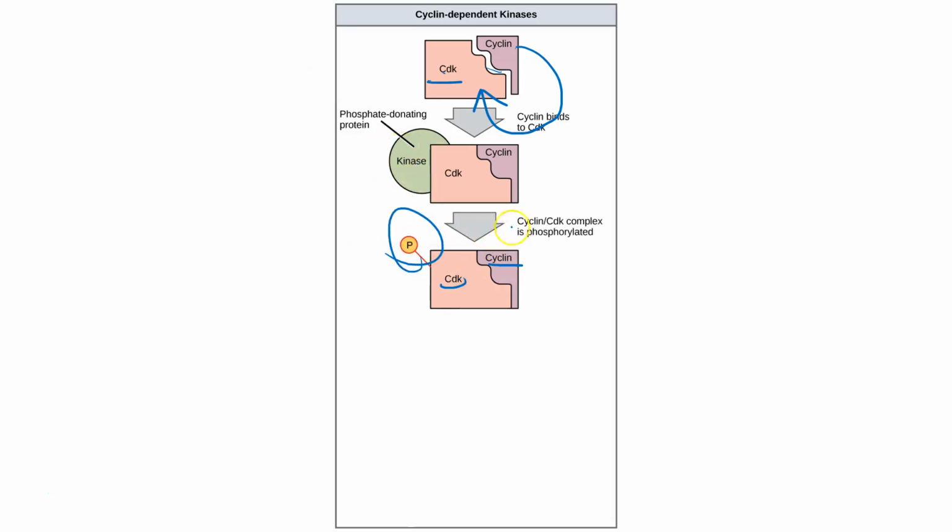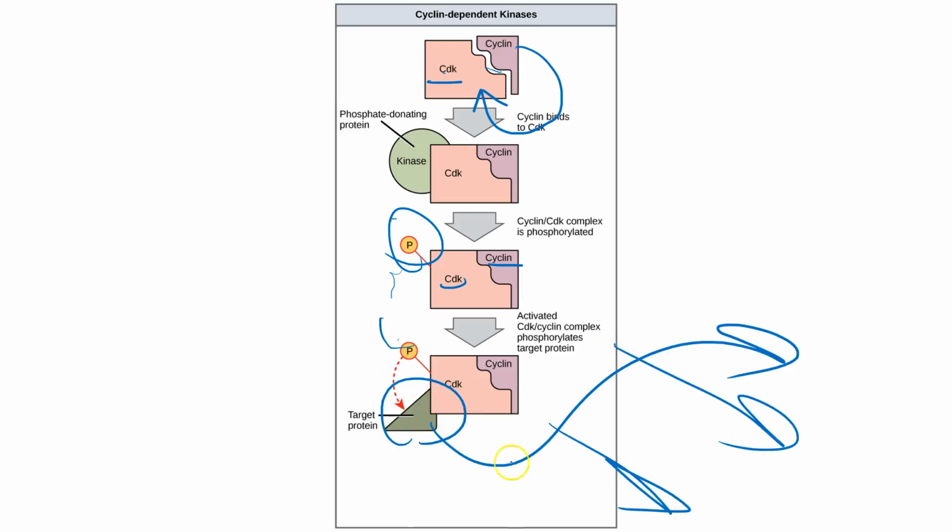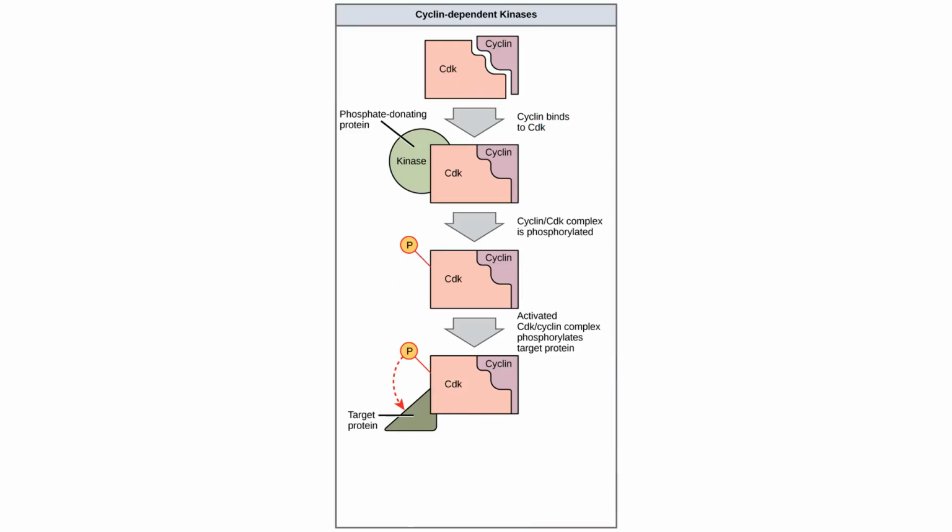Well, then this phosphorylated CDK-cyclin complex is now going to transfer its phosphate onto some other target protein, which is then going to do a bunch of stuff like tell the cell to turn on and proceed to the next phase, whether it be the S phase or the G2 phase or whatnot. So that's a little bit about how that works. Again, you don't really have to know all of the specifics here, but just know that CDKs are molecules that associate with cyclin to help turn on the cell cycle.